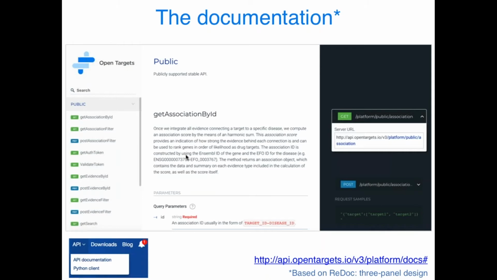Our documentation is based on ReadDoc, and it's a 3-panel design, so it's very easy to use the documentation for the Open Targets API. You can select the endpoint that you're interested in. Let's suppose I'm interested in the endpoint called Get Association by ID.